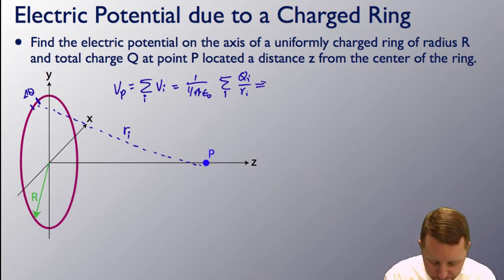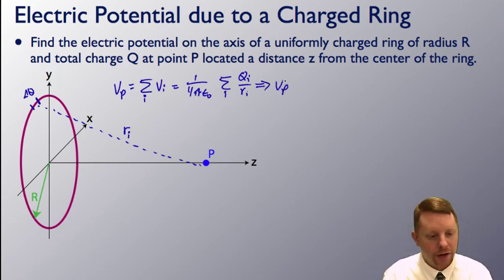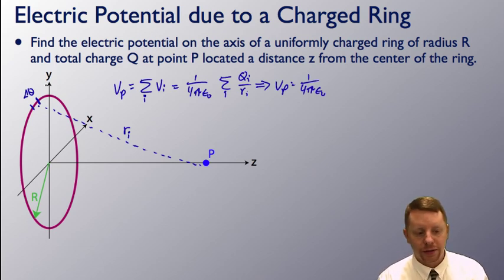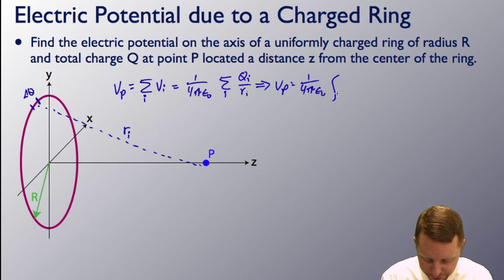All right, this implies then that the potential must be equal to 1 over 4 pi epsilon 0, and we're going to break these little pieces of charge up into such small pieces, then add up all of the potential due to each of those little pieces. We're going to sum them all up. So that's going to be the integral of, well, instead of our total qi, that's going to be dq.